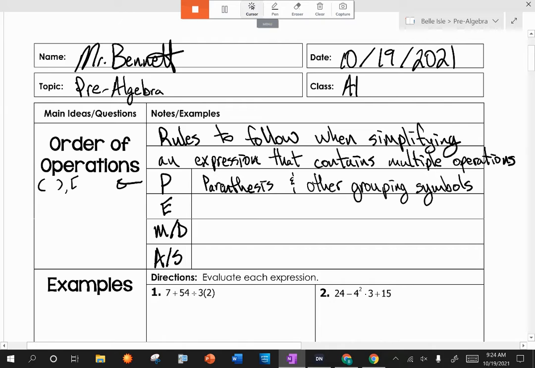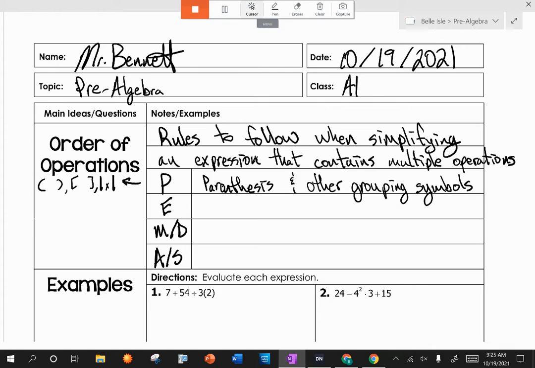It could be brackets. It could be, what is that? Yes, the absolute value. Okay, I'm going to make my arrow a little better. Okay. So those are kind of the grouping symbols that we'll be used to. Okay. You would count all of those like you would do parentheses.